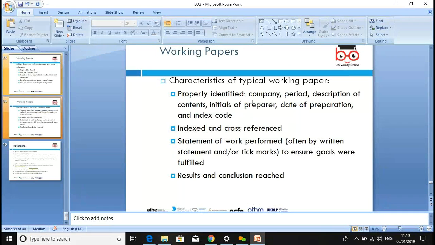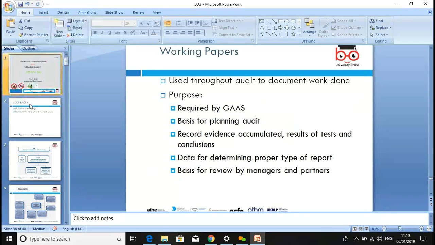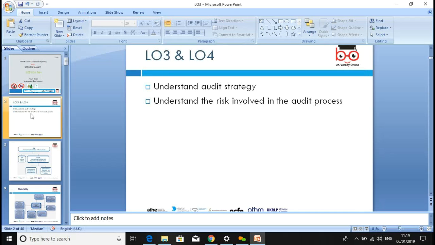Okay, so today we learned about LO3 and LO4. LO3 is audit strategies, and you can discuss the steps involved in making strategies, like engagement, what the strategy is, what your roles are, and what sort of legislation applies. We also discussed audit risk: inherent risk, control risk, and detection risk.